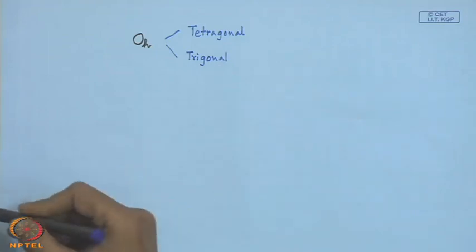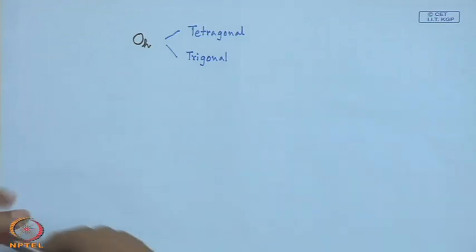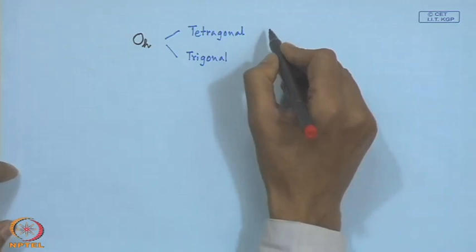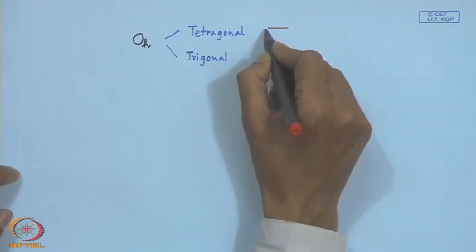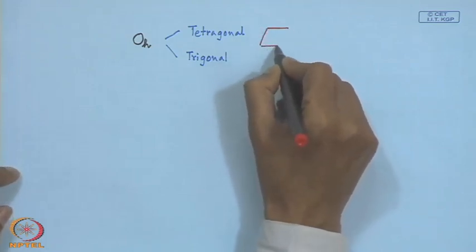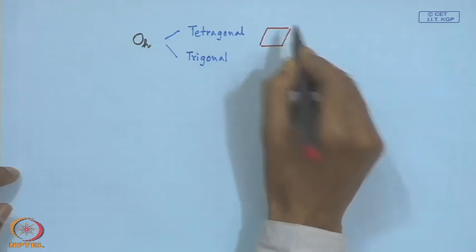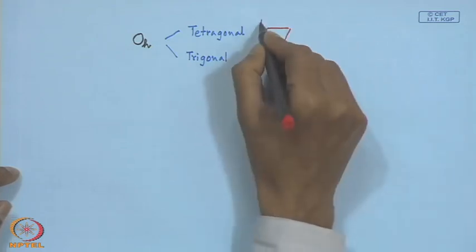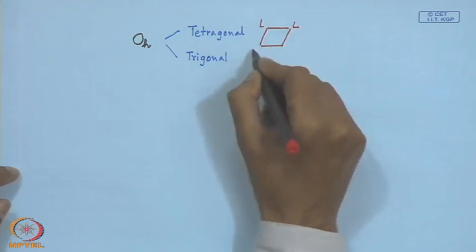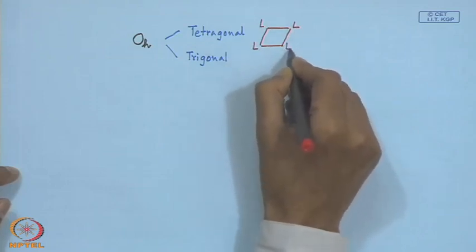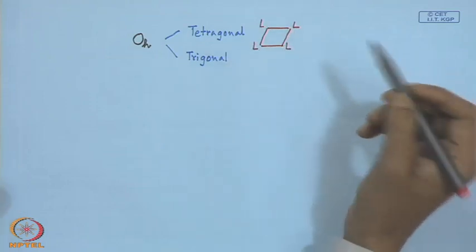So, in case of tetragonal distortion, what we see is that we are focusing our attention on a tetragon, that means the plane which is the square plane, which contains 4 ligands and 2 other ligands in the octahedral situation.